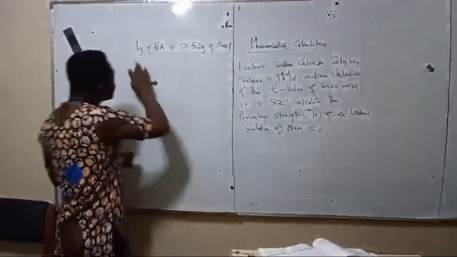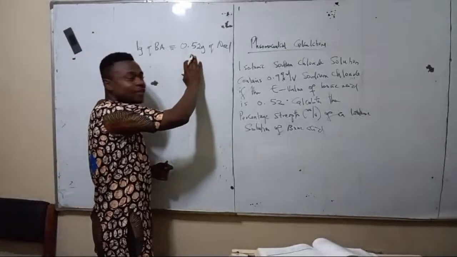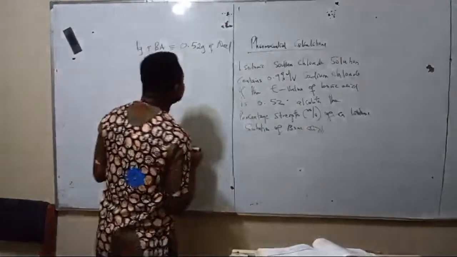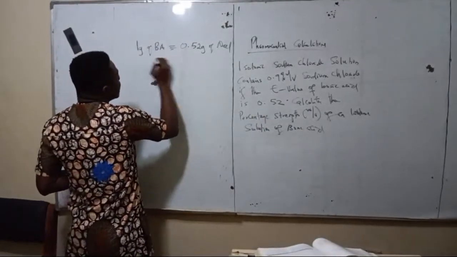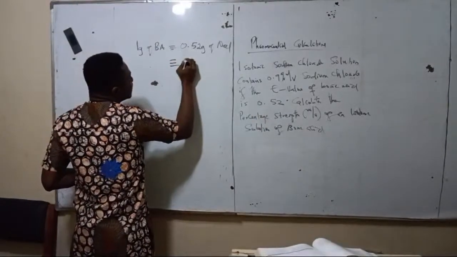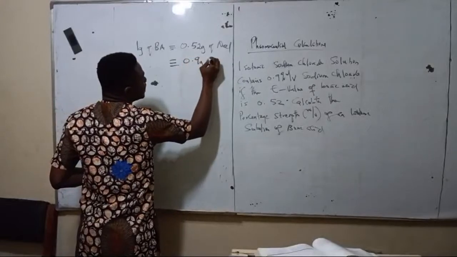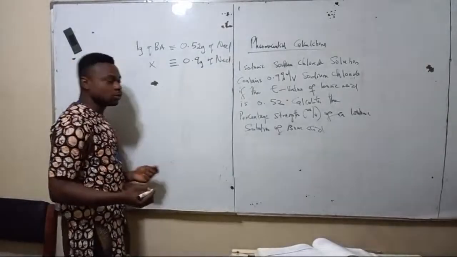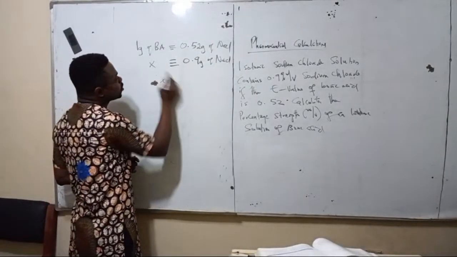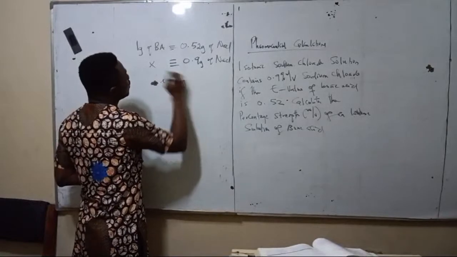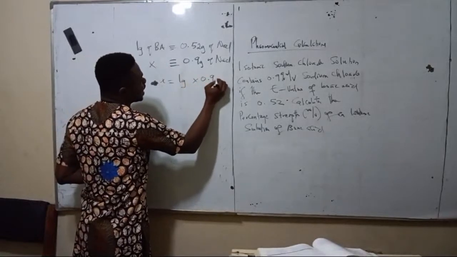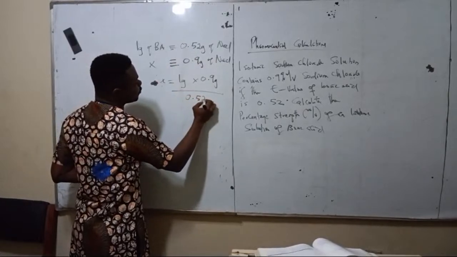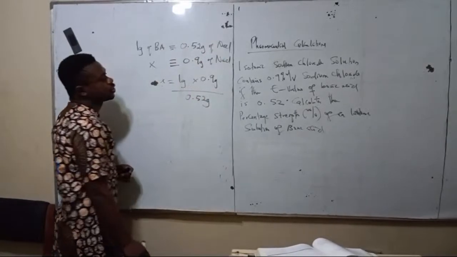Sodium chloride. So if 1 gram of boric acid is equivalent to 0.52 gram of sodium chloride, what it means is that 0.9 gram of sodium chloride will be equivalent to X of boric acid. We don't know. So let's find this X. X is now equal to what? 1 gram of boric acid times 0.9 gram of sodium chloride, you cross multiply, divided by 0.52 of sodium chloride.